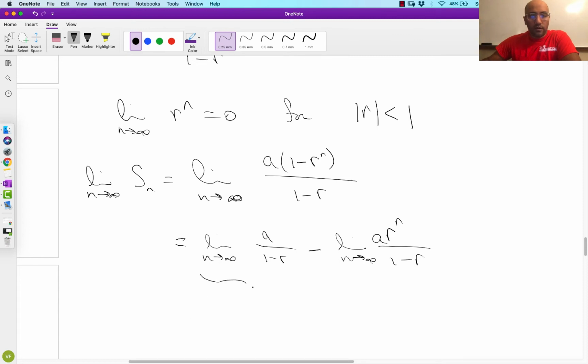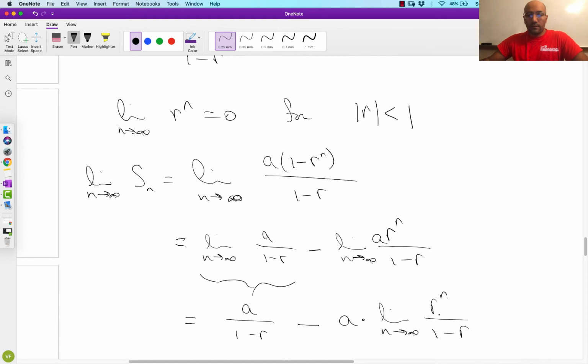So this part is just going to be equal to a over 1 minus r minus. And then over here, again, this is just a constant we can pull out. This would just be a times the limit as n goes to infinity of r to the n over 1 minus r.